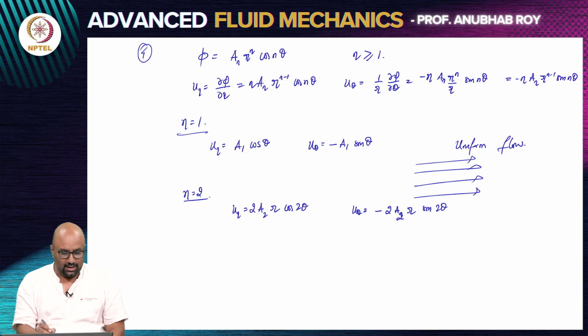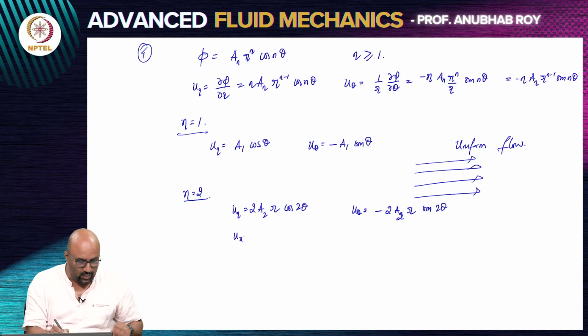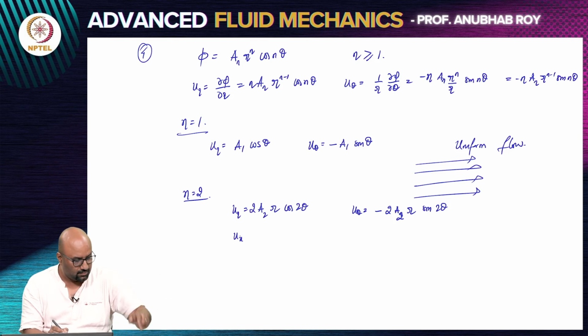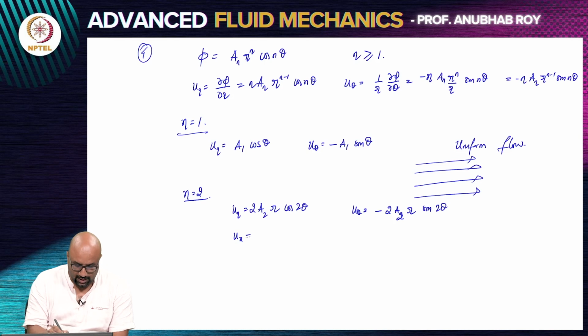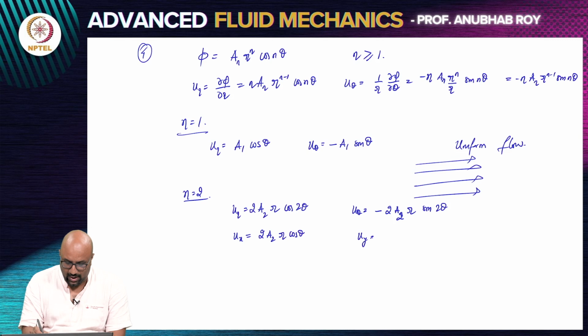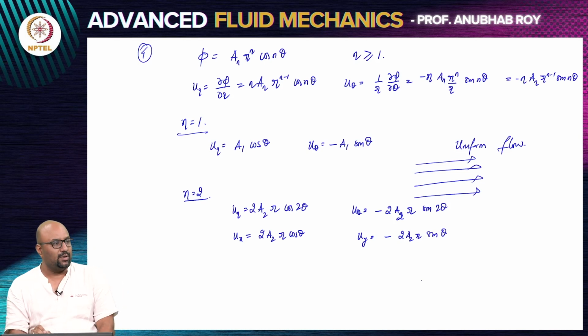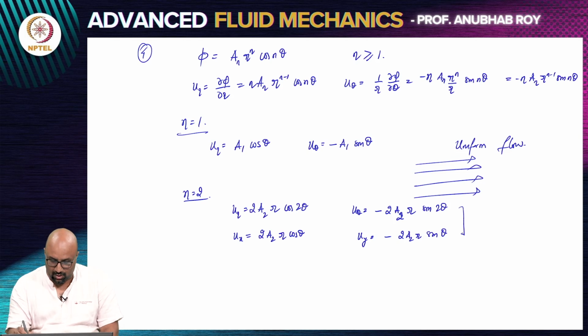Now, for this particular case, if I write my U_x, I will basically use the transformation. U_x will be 2 A_2 r cos theta and U_y will be minus 2 A_2 r sin theta. So, you do a coordinate transformation going from r theta velocity components to the xy coordinate system. I am just jumping over that bit and writing down what is U_x, U_y.